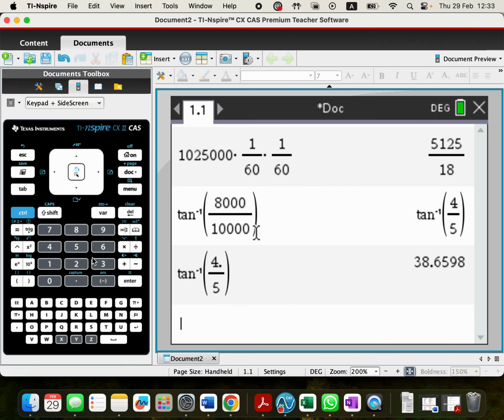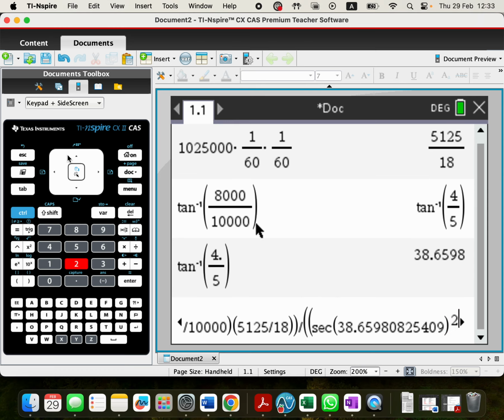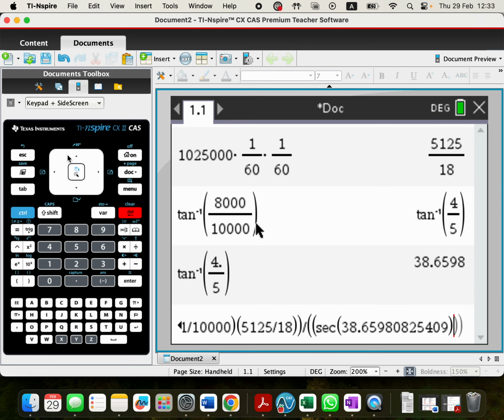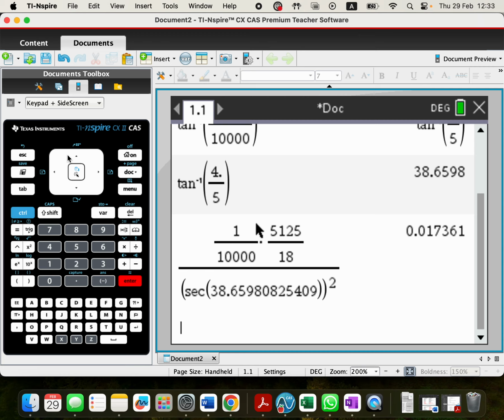Let's plug and chug. So that was the quantity 1 over 10,000, multiplied by 5125 over 18, and then dividing all of that by the secant squared of 38.7.